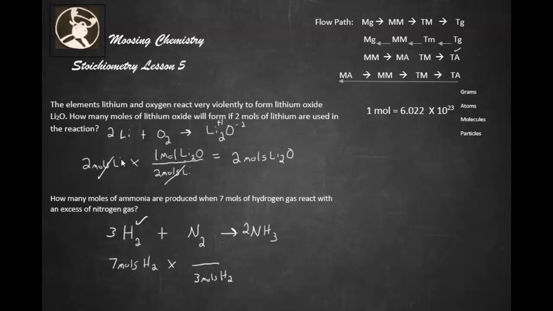So we're comparing this to this as well. And this gives me 2 moles of NH3 on the top. Multiply the top together, divide by the bottom, and you get 4.67 moles of NH3.